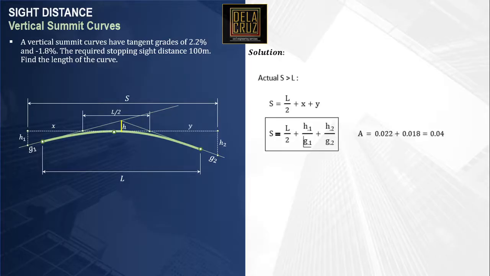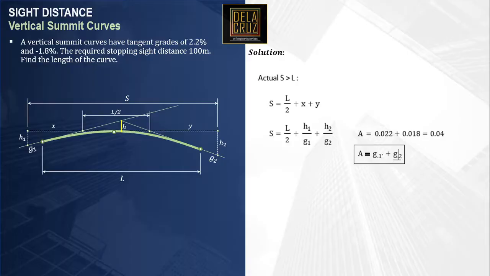Okay? So differentiating this one to have the minimum length, that would be ds over the derivative of grades. By the way, if A is equal to G1 plus G2, so I'll just have this one as prime, G1 prime and G2 prime.